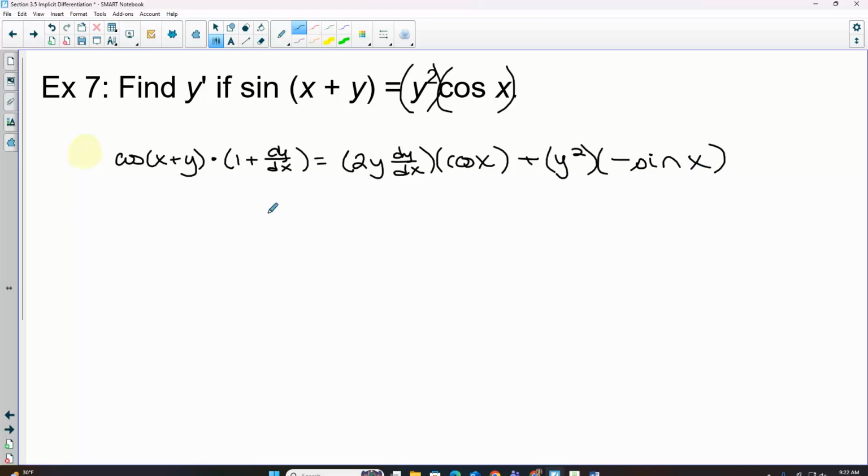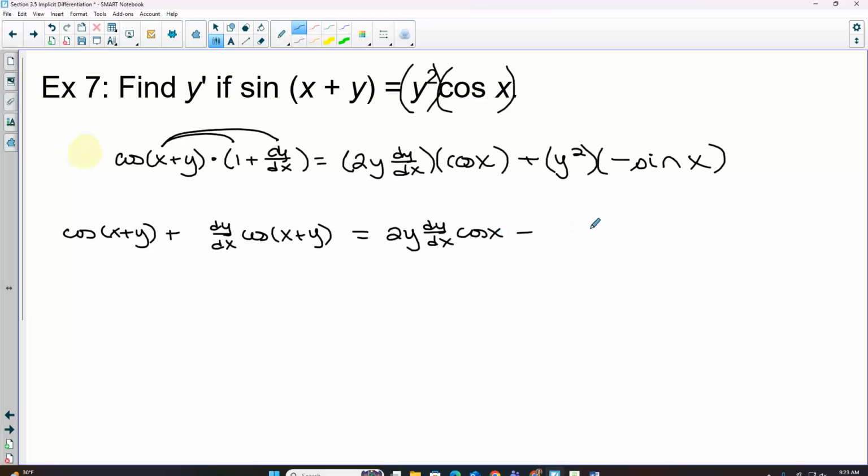All right, this is a mess. Let's start, we have to distribute first. It's going to get worse before it gets better. So we have the cosine of x plus y plus, when I take that times my dy dx is just like your coefficient. Over here we have a 2y dy dx cosine x minus y squared sine x.